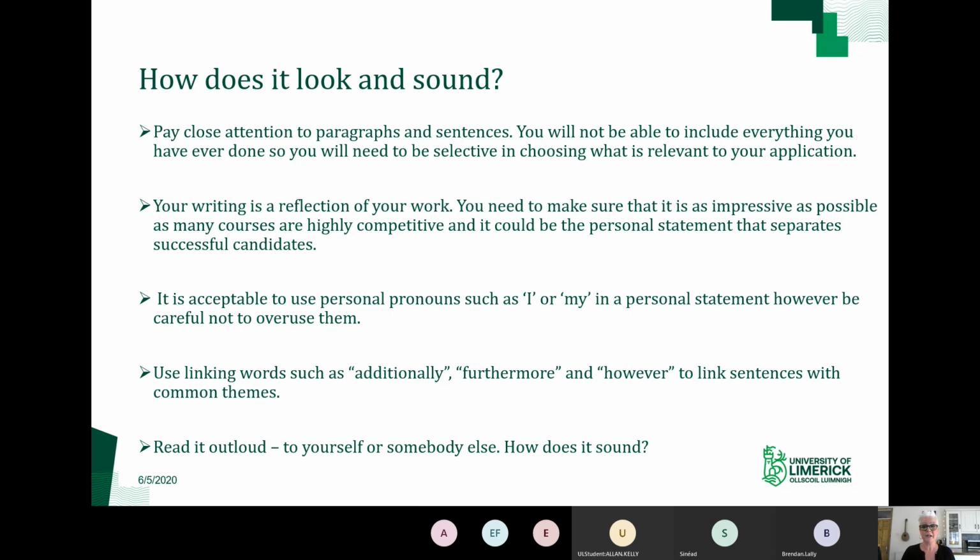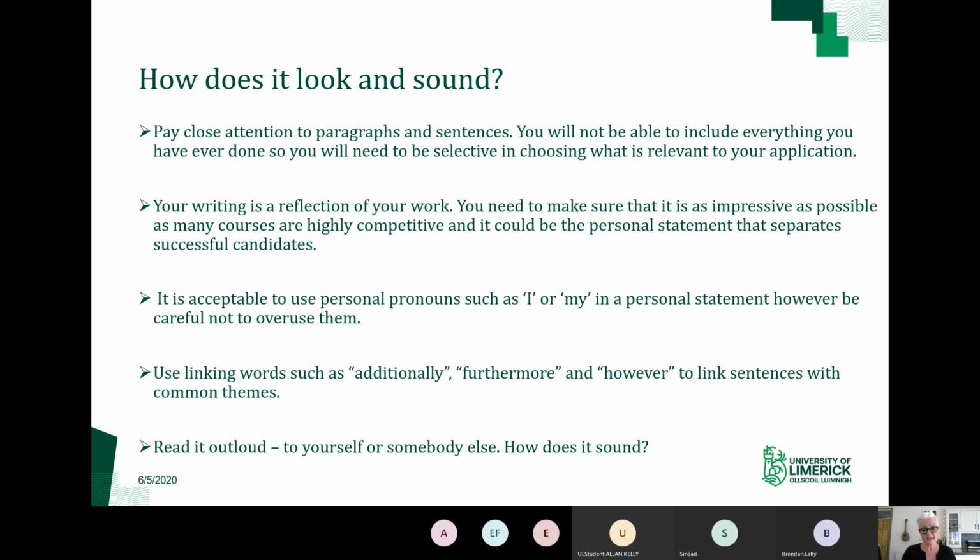And if it's a very competitive course, the personal statement usually is the thing that separates you from other candidates. So you need to make sure that it sounds good, that it reads well, that grammar, punctuation, everything about this looks good, sounds good, and makes a good impression. Because it's a personal statement, absolutely, it's I, it's me, so it's very personal.